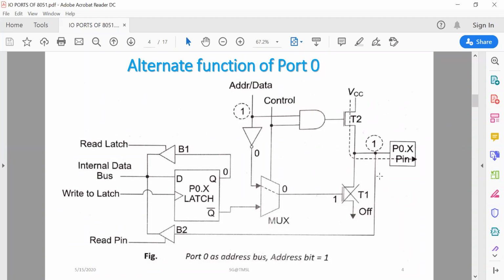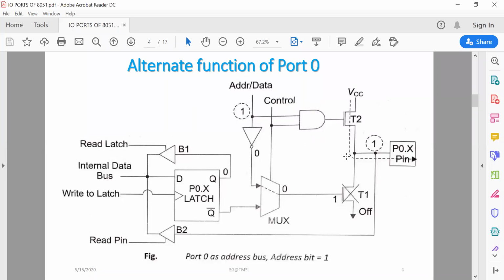I have discussed this just before. Now if the data is to be read from the external memory, the control logic will automatically write one to the latches to configure this. This will be one, and now this port will be used as an input port. When control is 0, both T1 and T2 will be off if it is an input.